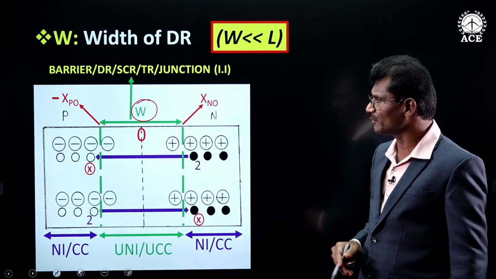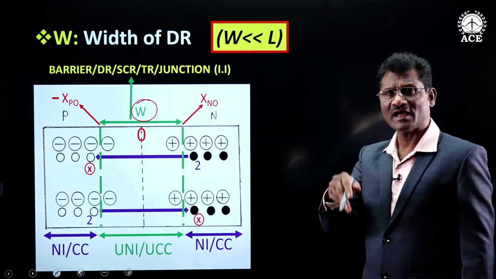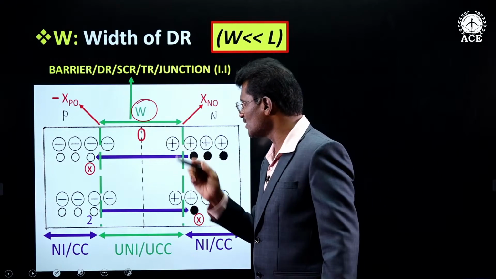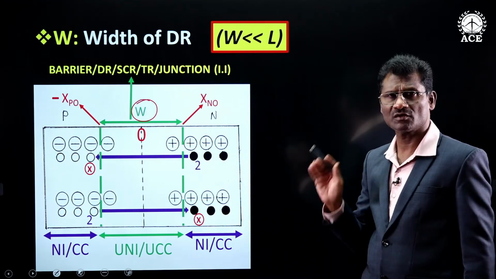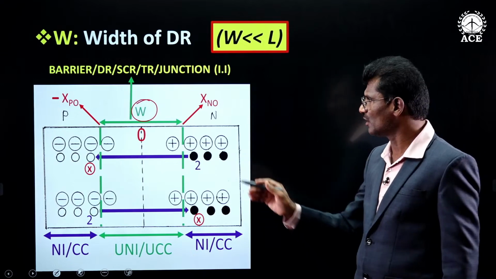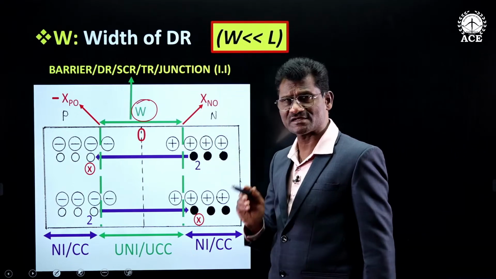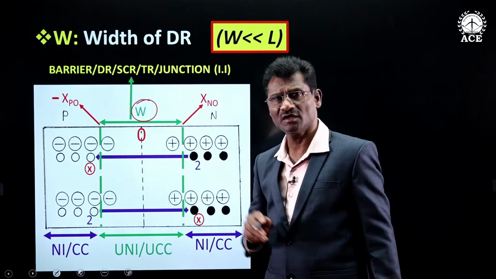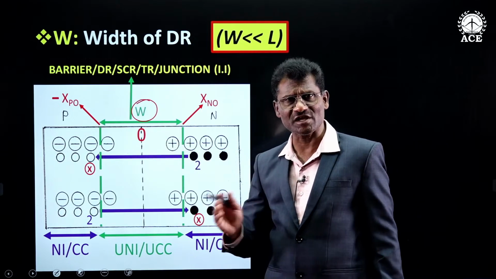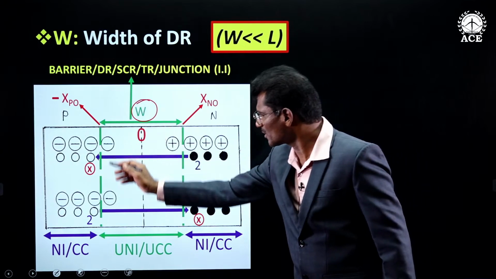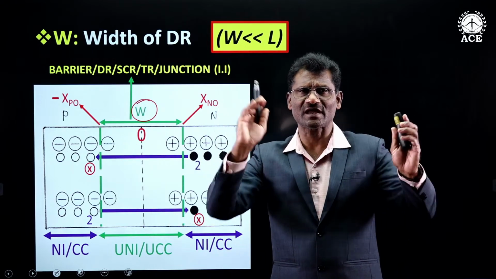See in this diagram, it gives an illusion as if W is 20% of size of diode. It is not real. W is very less when compared to length of the device. See, this area has been exaggerated. This central part has been exaggerated.